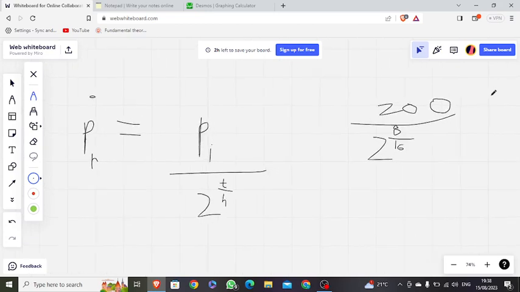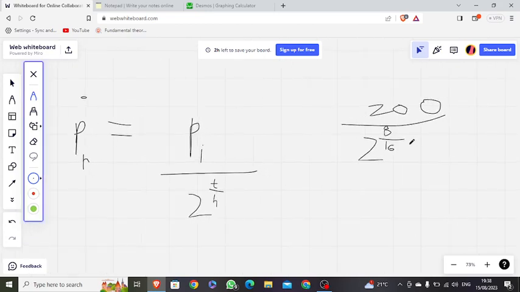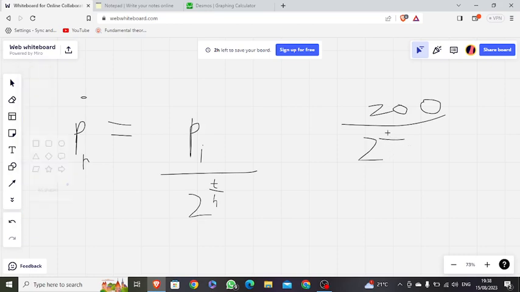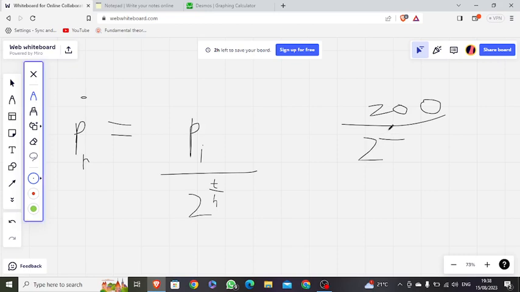Sorry, it's the other way around: 16 over 8, thankfully. Otherwise that would have been a square root. So that equals 2 squared, which equals 4. So there'd be 4.